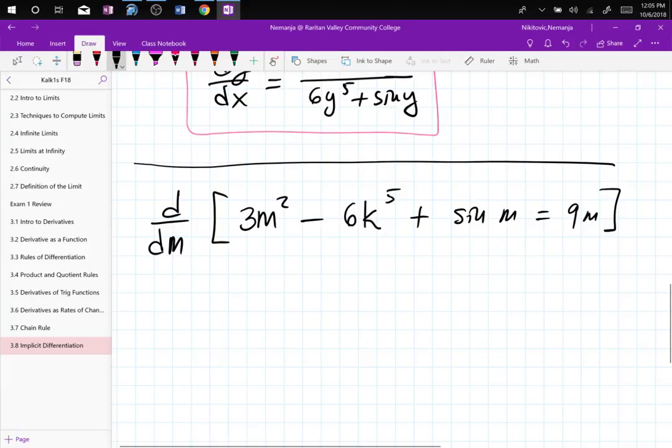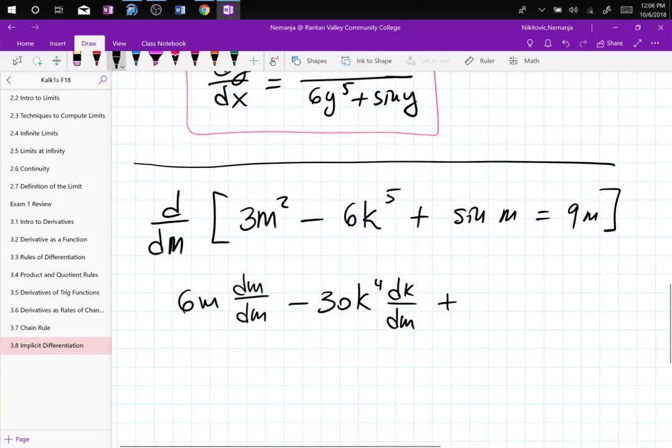So what do I have? The derivative of 3m squared is 6m. I took the derivative of m with respect to m. Minus 30k to the 4. I took the derivative of k with respect to m.